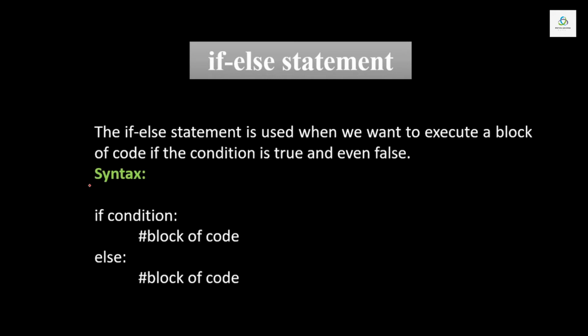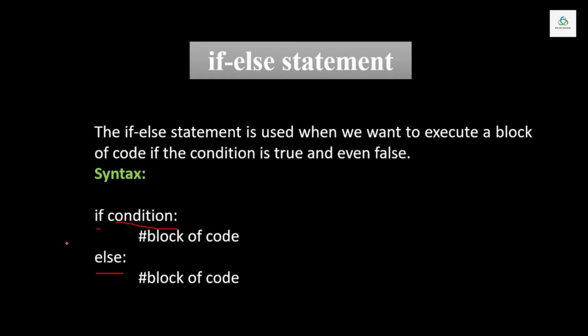Now let's see what is the if else statement. So what happens when you write only an if statement, that particular block of code will be executed only when the condition you have written in front of the if block is satisfied. And what will happen when that condition becomes false? That is not mentioned in the if statement.